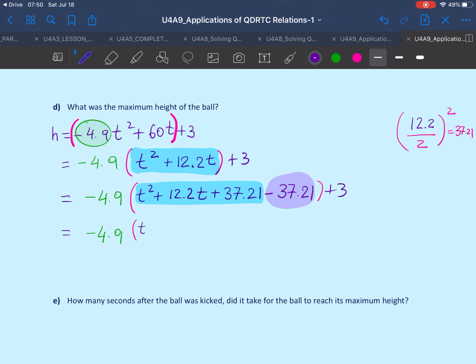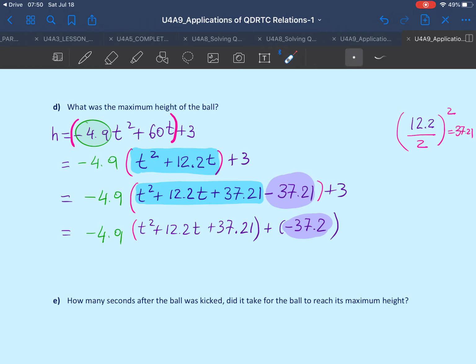In brackets, we'll keep the perfect square trinomial, which is t squared plus 12.2t plus 37.21. And outside the brackets, we're going to take negative 37.21.